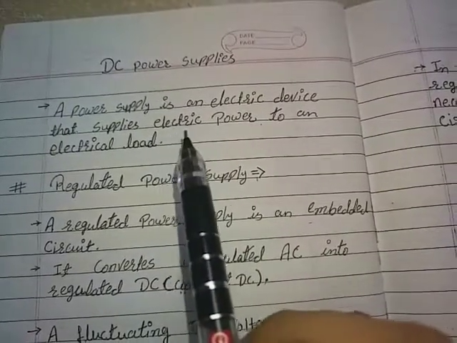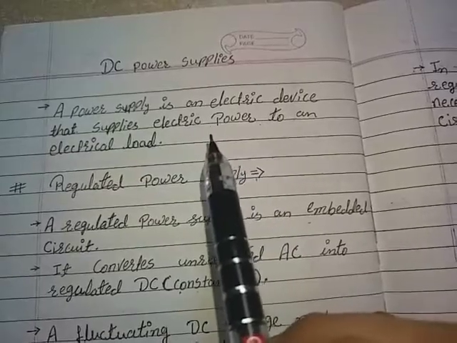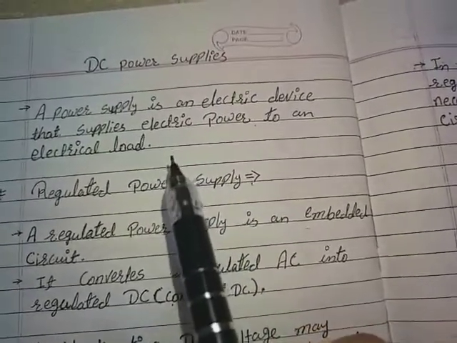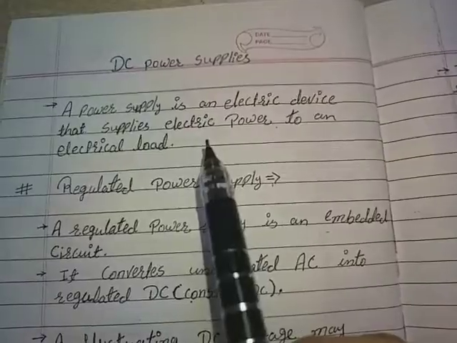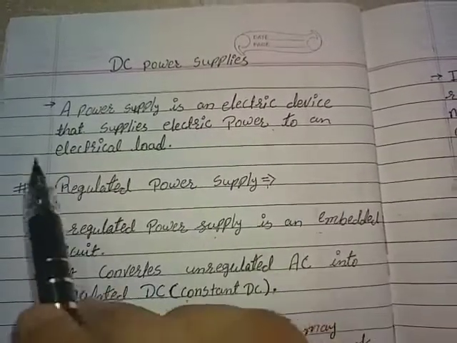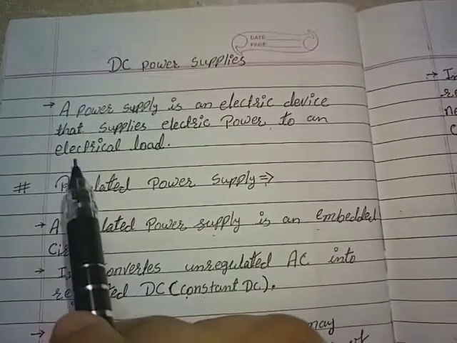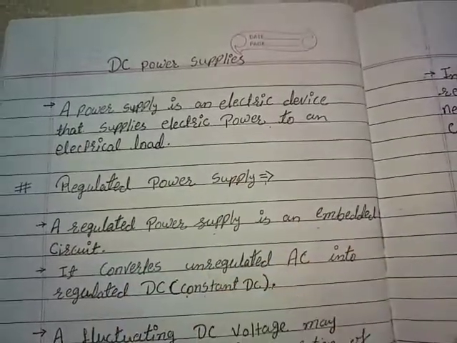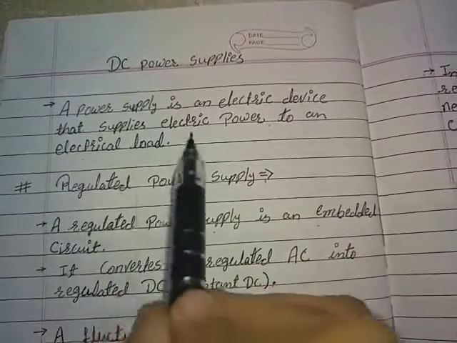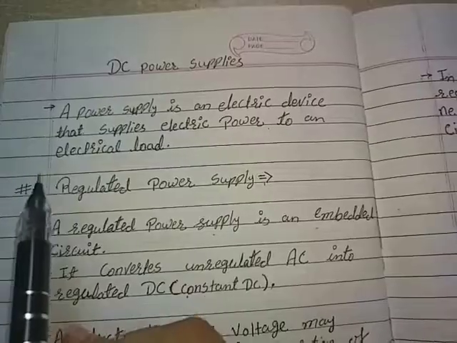What is electric power? It is also known as AC mains, our switch. Now, what is the electrical load in the case of a mobile charger? The charging port across which we are taking the output is known as the electrical load.